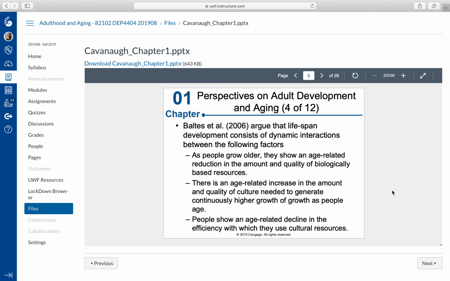But all of us at some point will probably struggle with how we interact with our community and some of our cultural resources. So this particular researcher explained this occurrence by these three little bullet points that you see here.